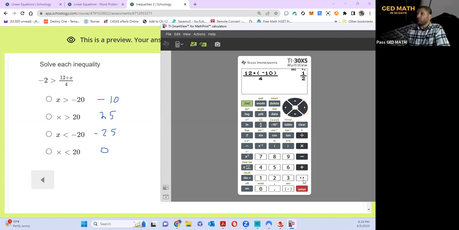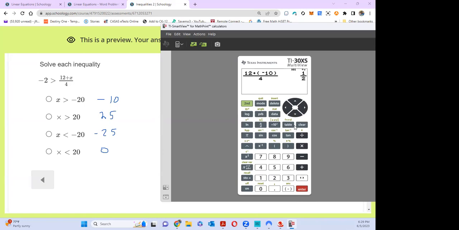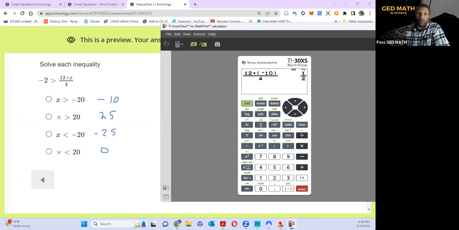Is minus 2 greater than 1/2? Well, you say, is minus 2 greater than 1/2? No. So right there you know your answer is not A, because minus 2 has to be bigger than this computation. We substituted that in, so we're going to do that for each one.